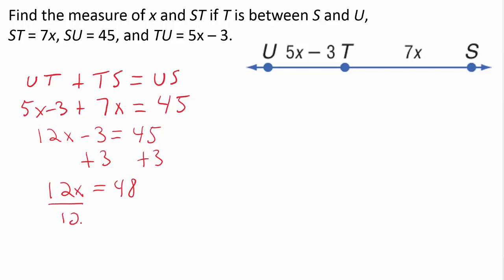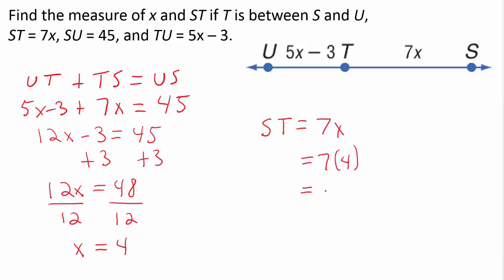Divide by 12 on both sides of the equation, and we're left with X equals 4. So we found X, but now we've got to find ST. Remember, ST is equal to 7X. Let's plug 4 back into X, and we're left with 28. So ST equals 28.